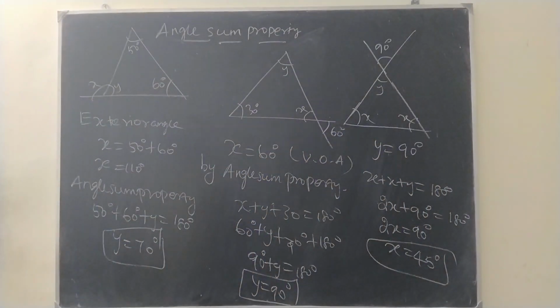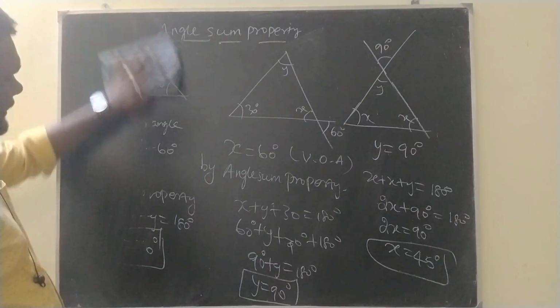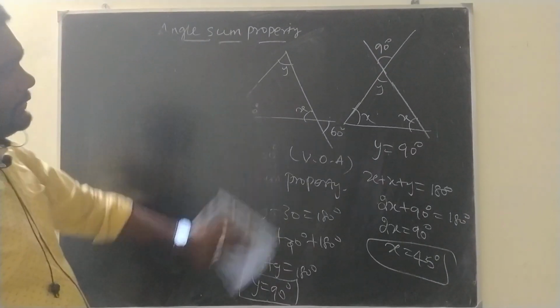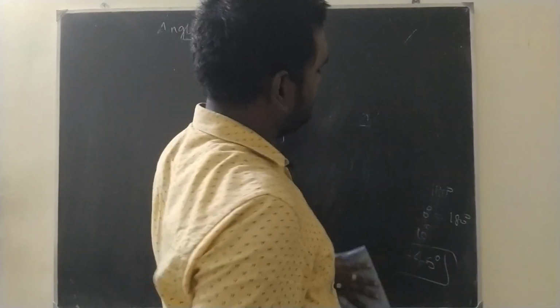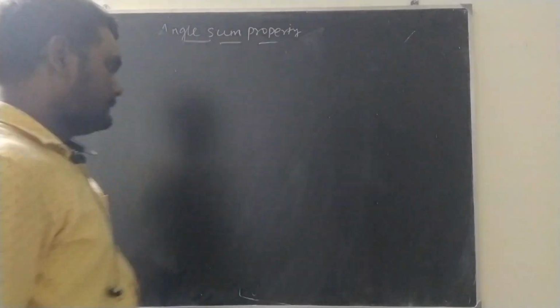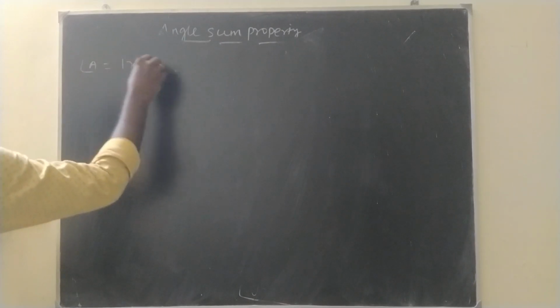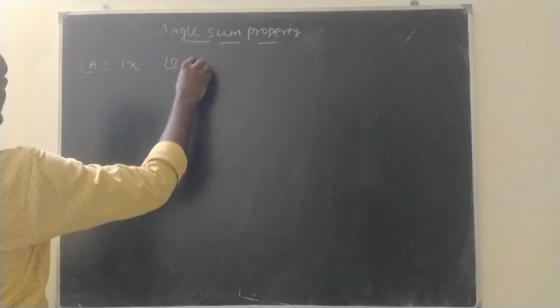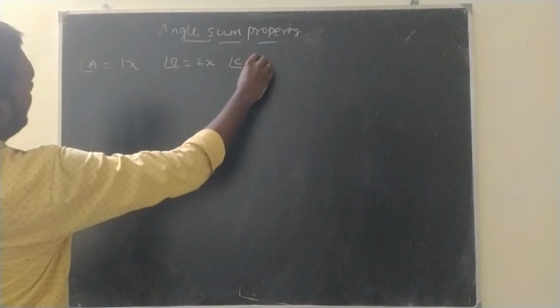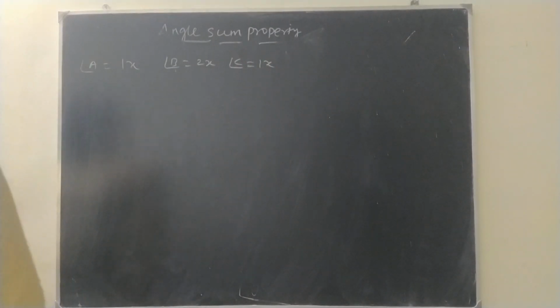You should say then. Yes. The angles are in the ratio 1:2:1. Which means the angle A, we may take it as 1x, angle B, we may take it as 2x, angle C, we may take it as 1x again, because the ratio is given like this.